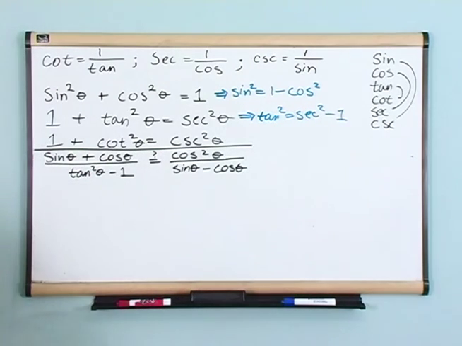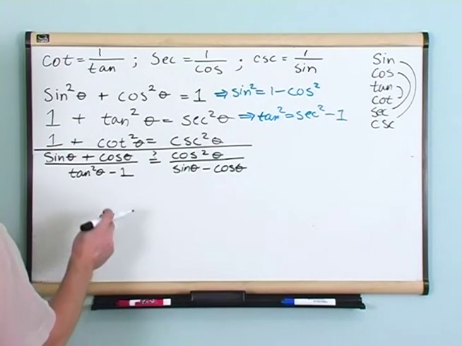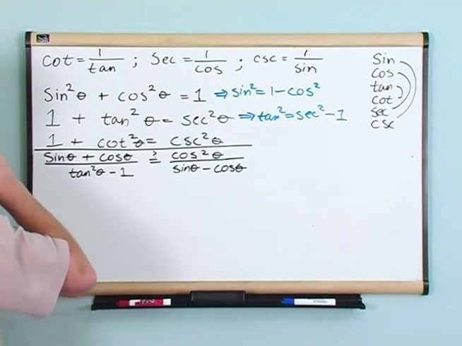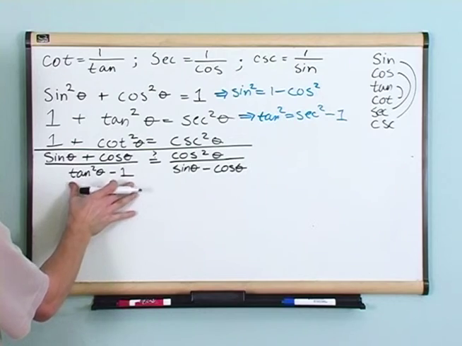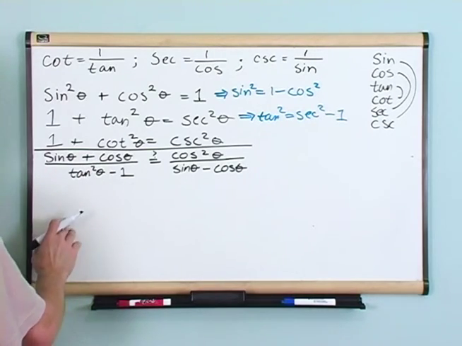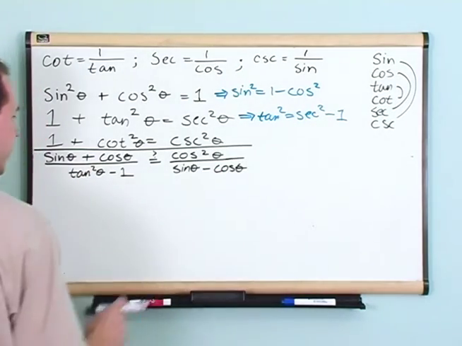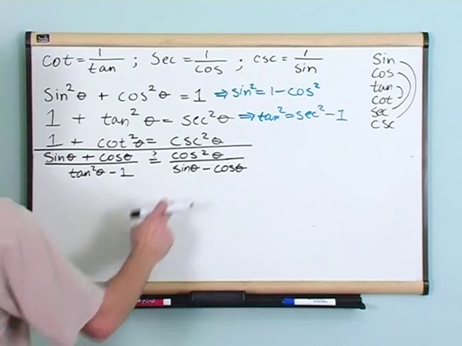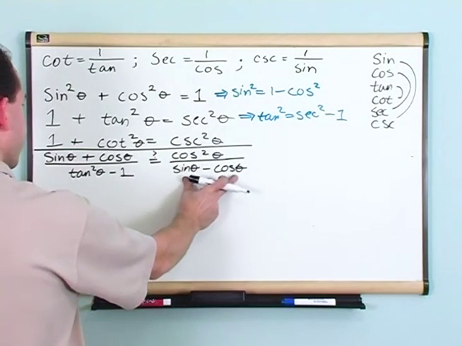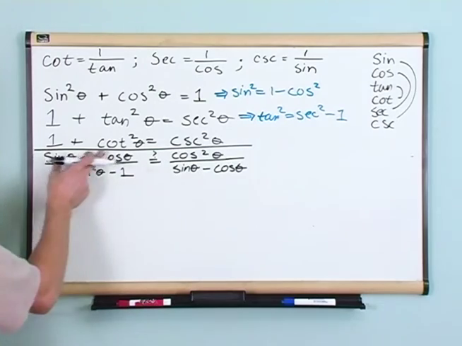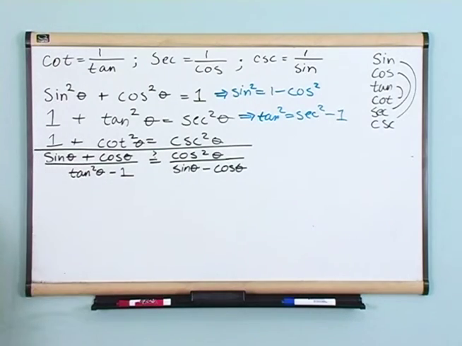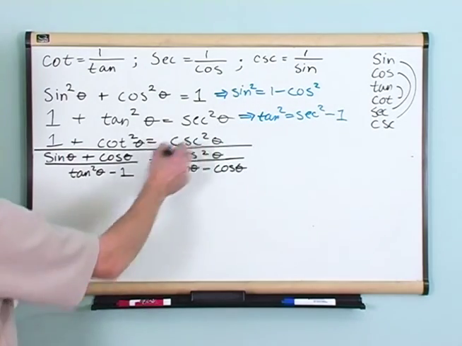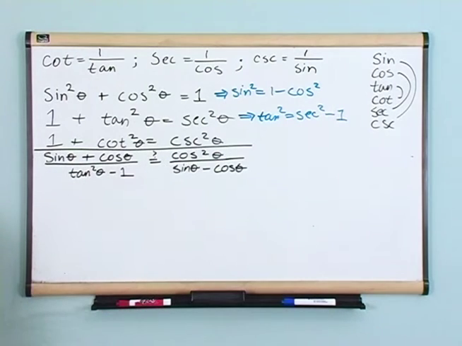Anytime I have fractions like this, I want to just cross multiply and get rid of things. What I mean by that is you multiply both sides by this term here on the bottom, so the right side is multiplied by tangent squared minus 1, and at the same time you multiply both sides by this denominator, sine minus cosine, so you'll be multiplying the left by that. That's called cross multiplication. You can multiply like this when you have fractions.